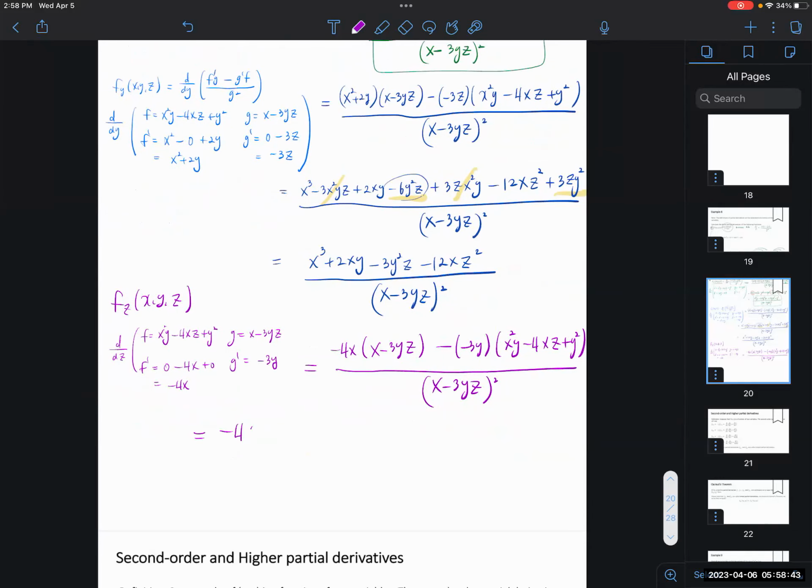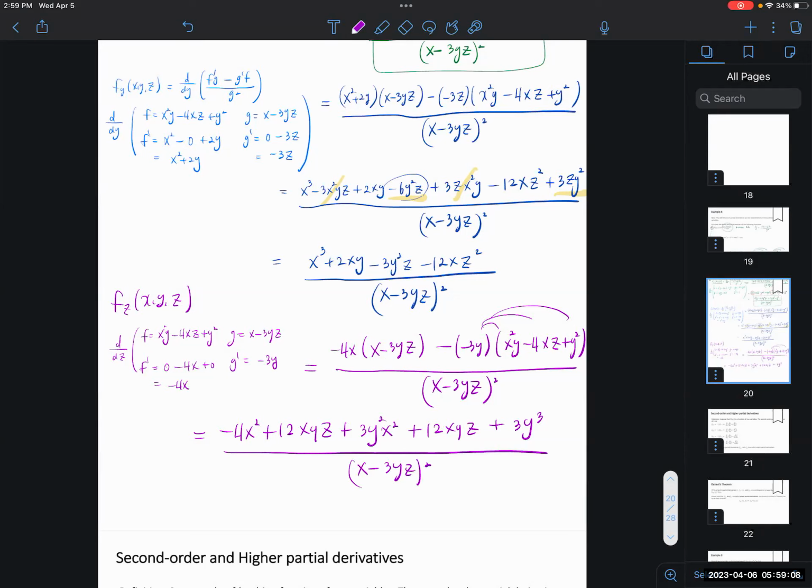Are we okay? Almost done. Expanded: negative 4x squared plus 12xyz plus 3y squared x squared, because I used the distributive property, plus 12xyz plus 3y to the third. Hopefully my calculation is okay. You should double check.